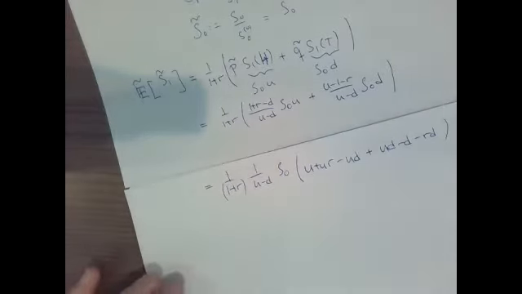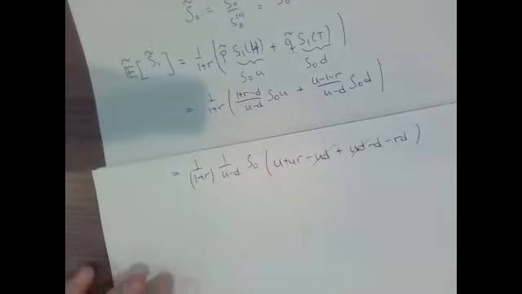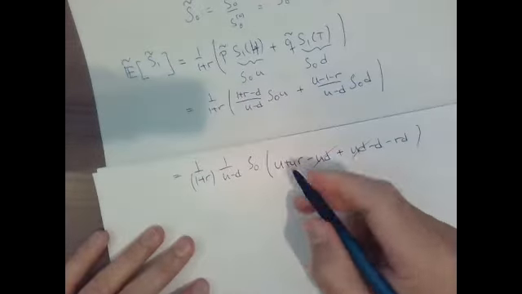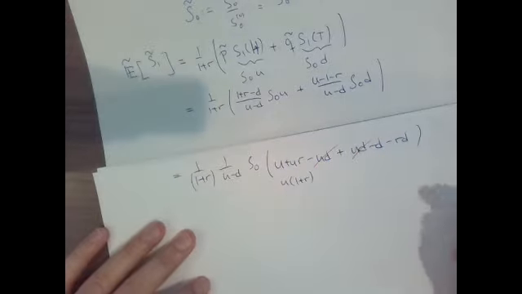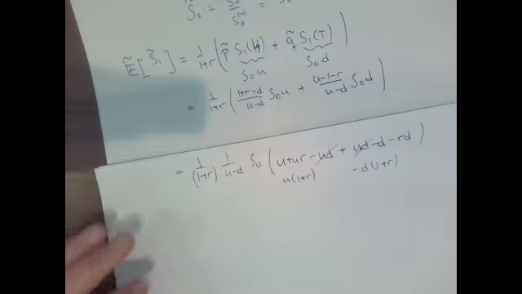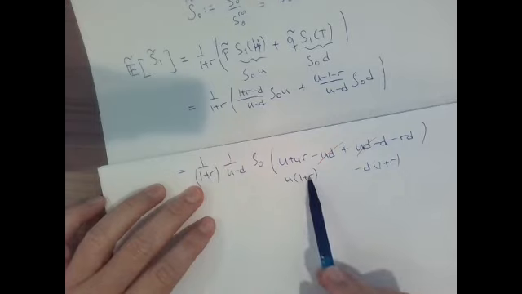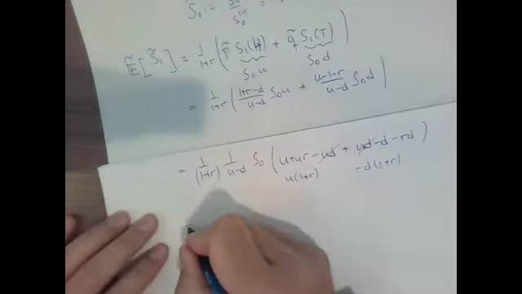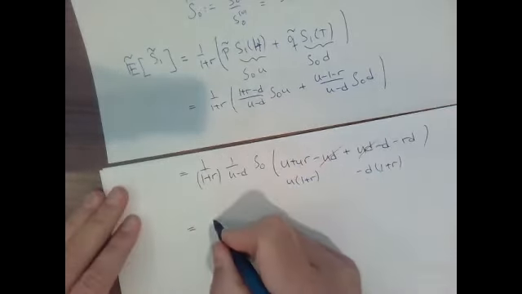And we see cancellation. The first part has U outside, U times 1 plus R, and the same over here with minus D times 1 plus R. Then I'm in good shape because I have exactly 1 plus R here and 1 plus R there, so they cancel. I also have U minus D downstairs and upstairs, so I'm left with S0.